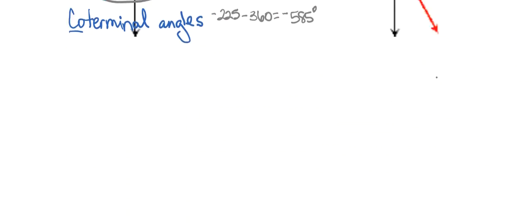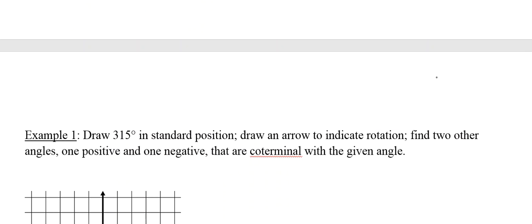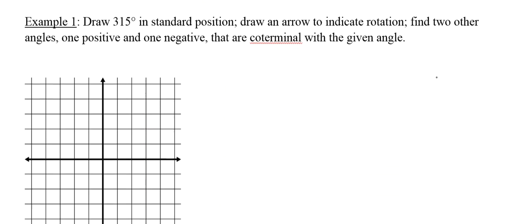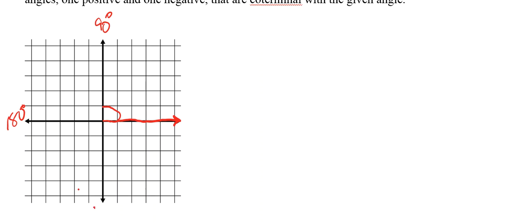So let's do some examples real quick and then we'll keep moving. First it wants me to draw an angle of 315 degrees. Well, 315 is positive, so I need to move up. I'm starting on the positive x-axis. If I'm moving in a positive direction, this is 90, this is 180, this is 270, and a full circle makes this.